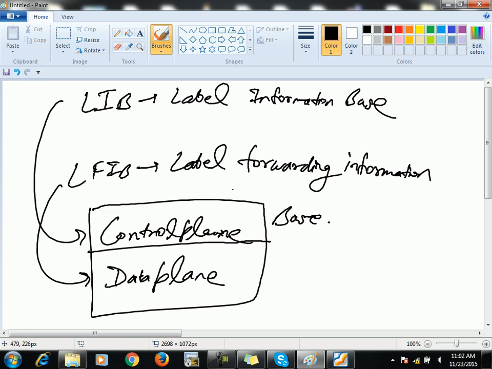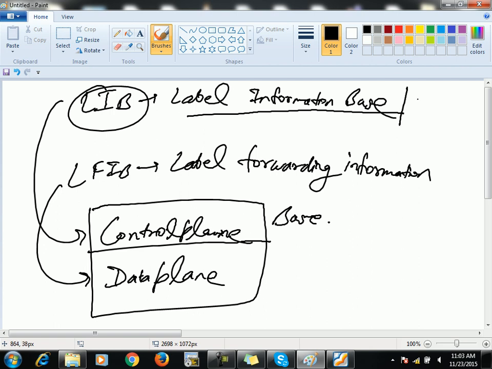To maintain LIB, like to maintain RIB, some protocols are required. Routing protocols were responsible for creating the RIB. Similarly, for the LIB, label information base, there must be some protocols responsible for creating it.